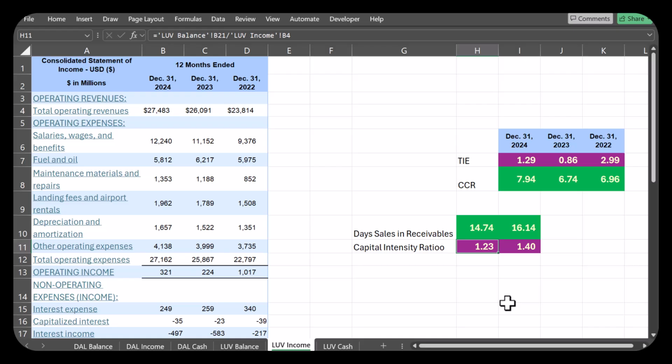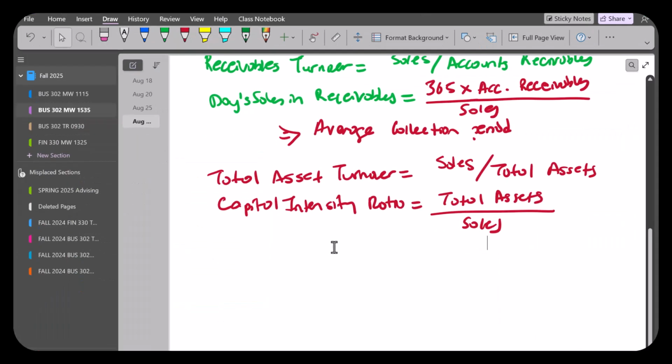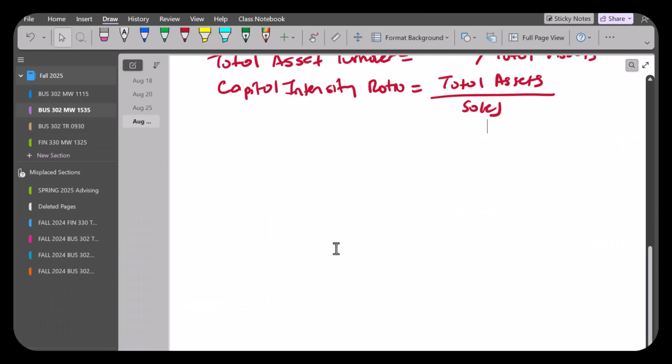In general, if you want to look at the contribution of different kinds of assets to that capital intensity ratio, remember you can write total assets as the sum of different types of assets, right?